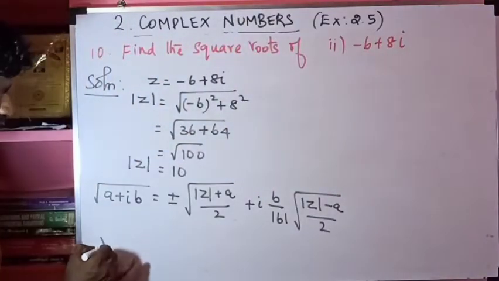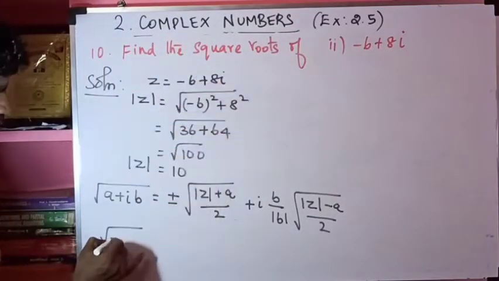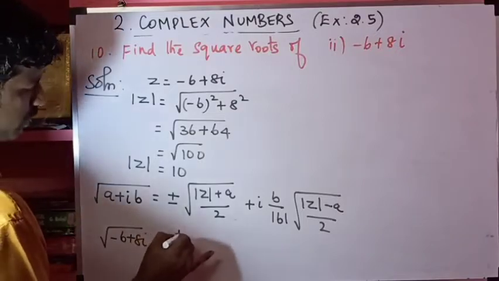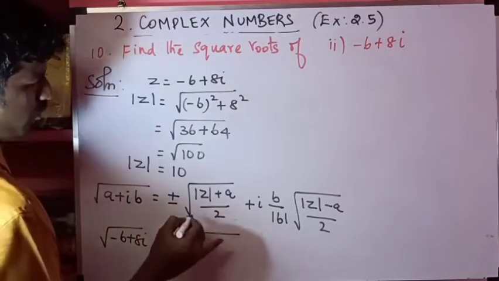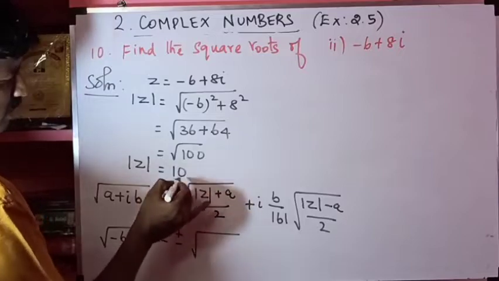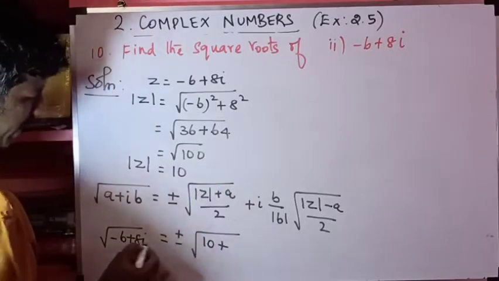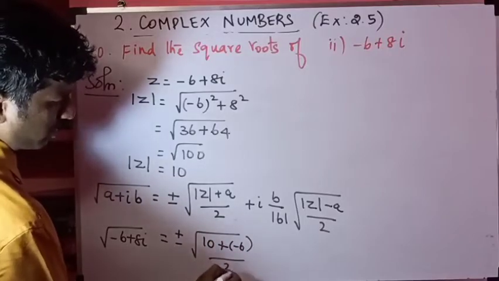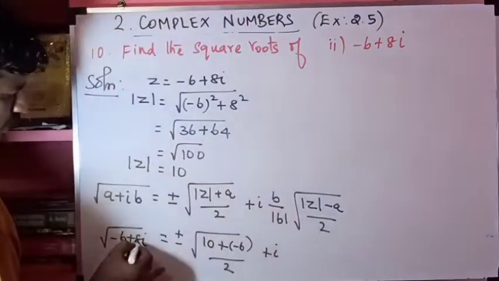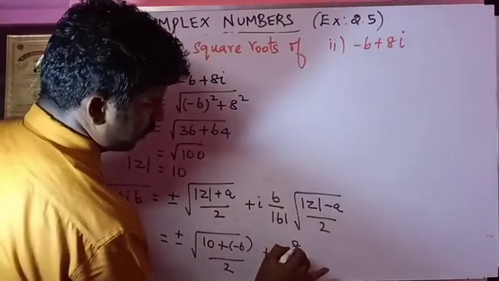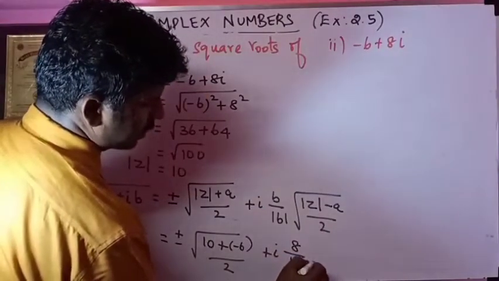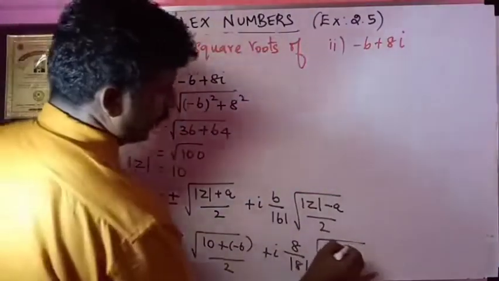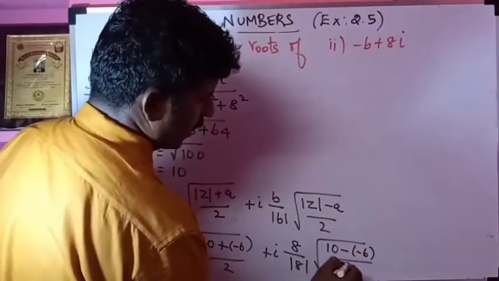Here the a plus ib means minus 6 plus 8i, which is equal to plus or minus root modulus z is equal to what? The 10 plus the a value minus 6 by 2 plus i, the b is equal to 8 by the modulus 8, root of z 10 minus a value the minus 6, right, by 2.